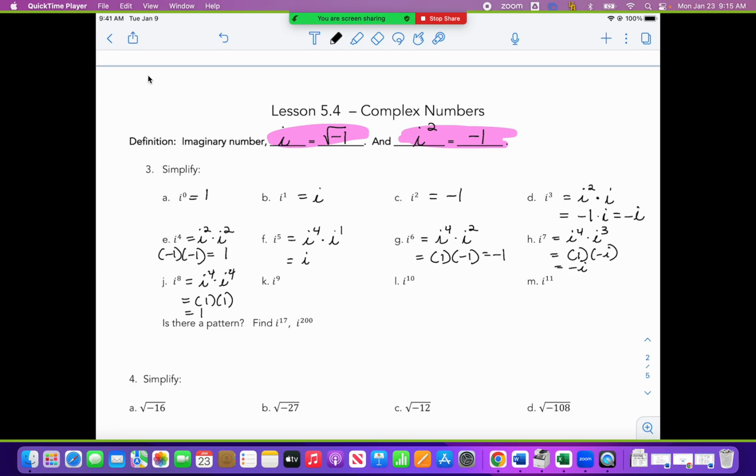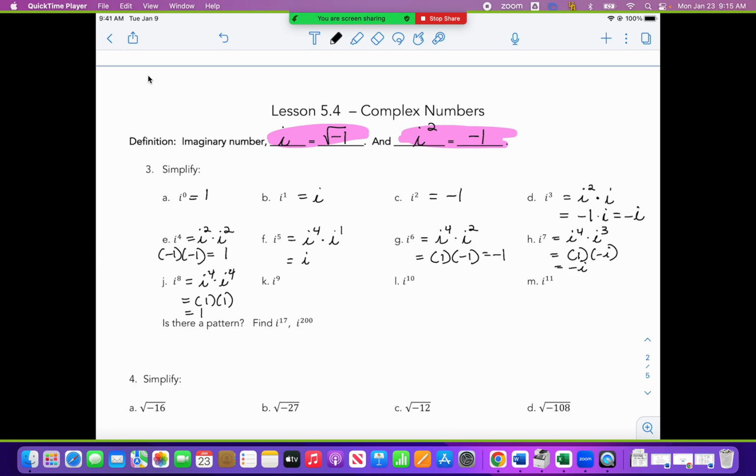Now I want you to pause a moment and look at this first group that I have. Is there a pattern? Yeah, Brendan? All of the even numbered powers equal 1 or negative 1. Good job. Okay, so any of the even powers are 1 or negative 1.